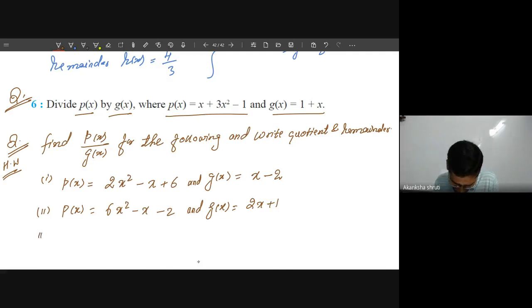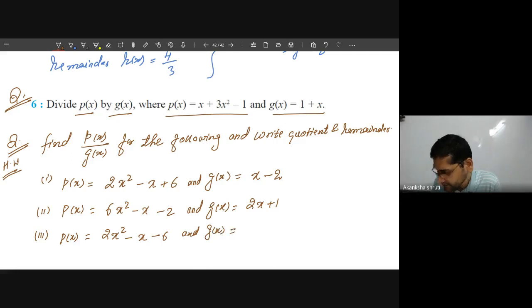The third case, let us take px equals 2x square minus x minus 6, and gx equals 2x plus 3. This will be for your homework.